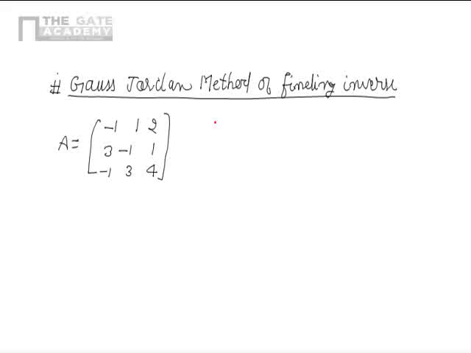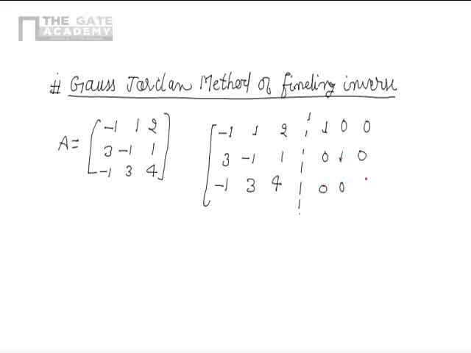So let us write it in this way. Again, I am writing the same matrix: -1, 1, 2, 3, -1, 1, -1, 3, and 4. This is my matrix A, and on the right hand side I am writing a unit matrix: 1, 0, 0, 0, 1, 0, and 0, 0, 1.